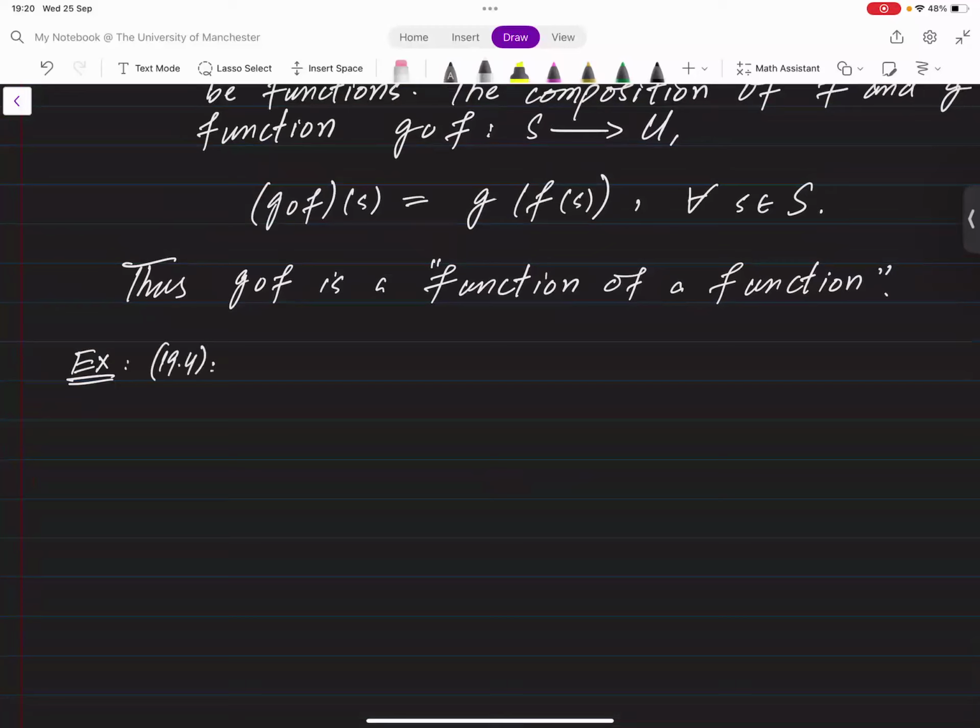(19.4) says that we have a function f from R to R, given by f of x is sine x.